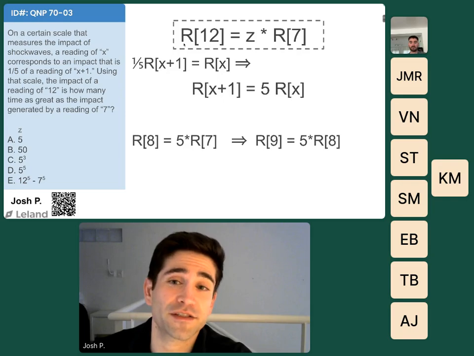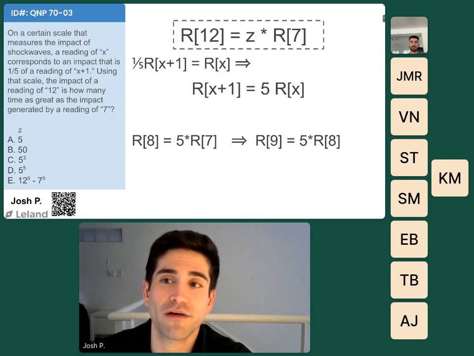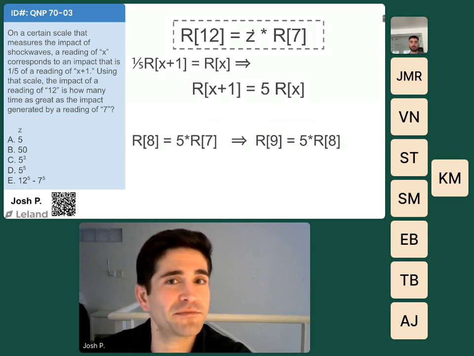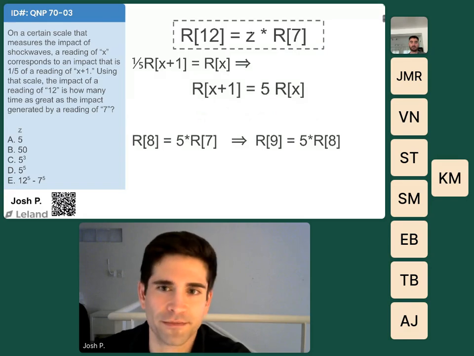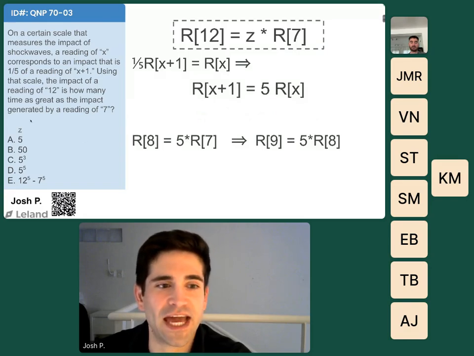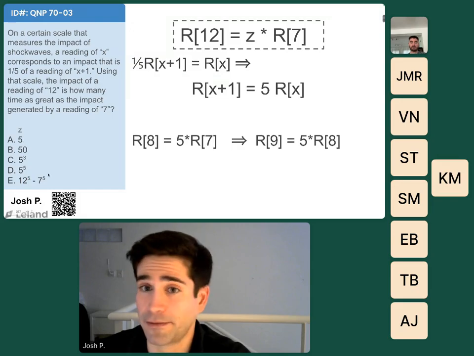And we're being asked, a reading of 12 is how many times greater of a reading of 7? And we can treat that times greater as z. And so the answer choices must represent z.